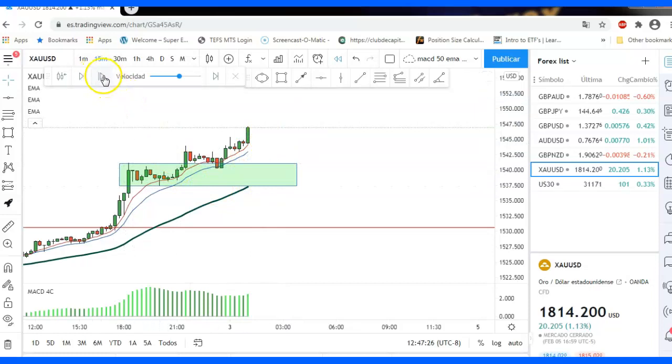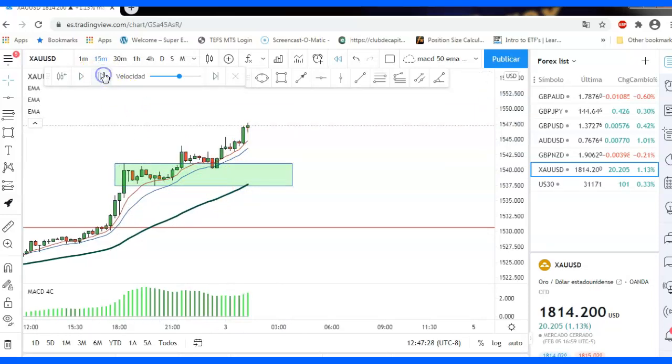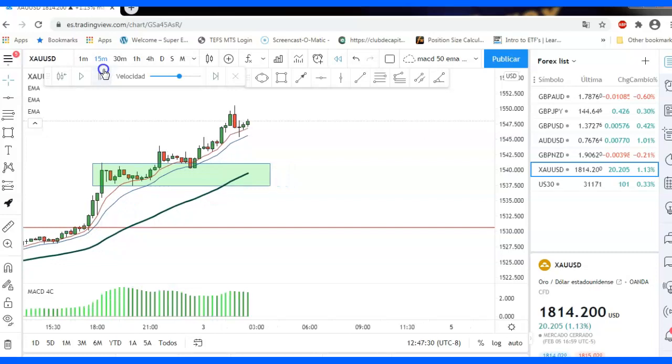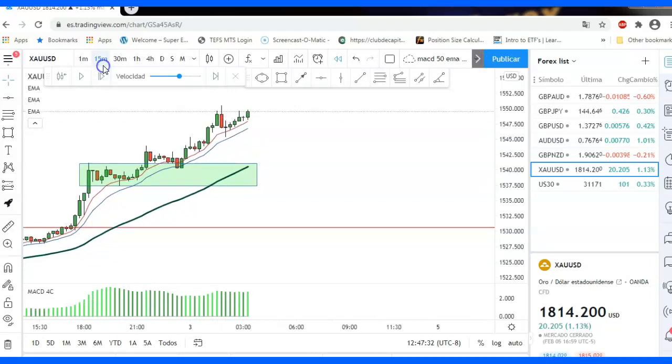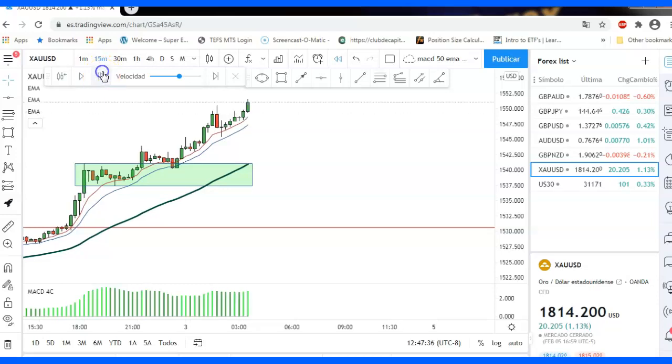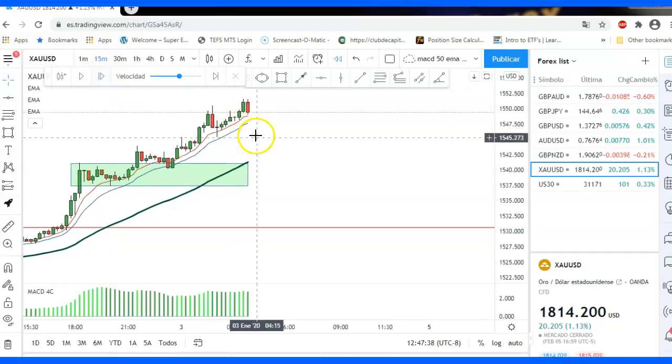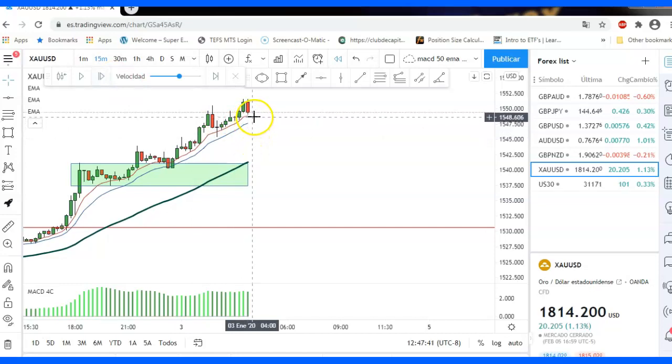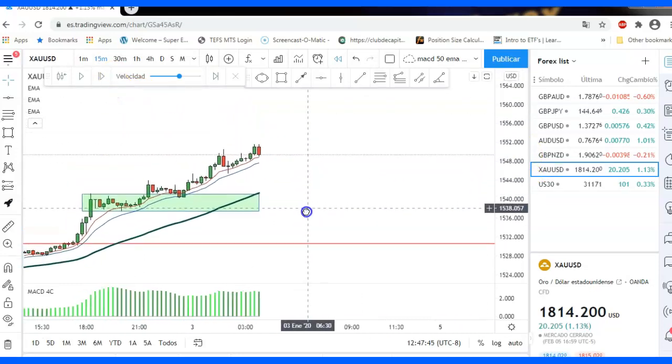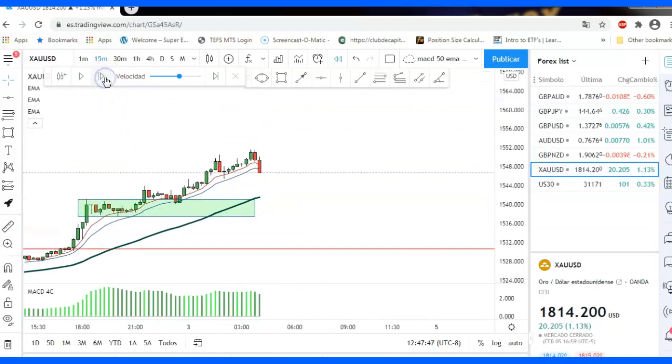And let's see how far we go with this one. Okay. Normally I don't get out until I see kind of the red started crossing down on the blue. So let's go and see how far we can go.